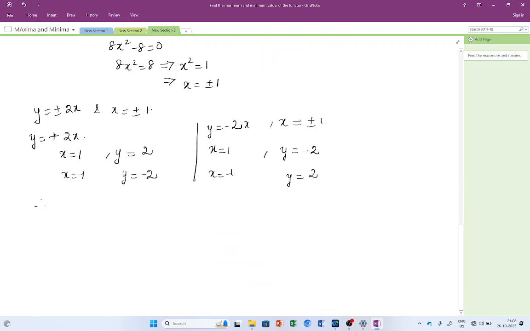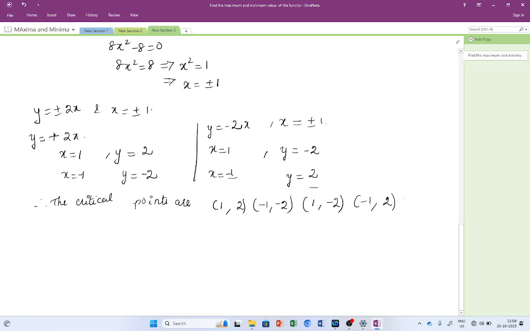Therefore, the critical points are: when x = 1, y takes the value 2. x = −1, y takes the value −2. If x = 1, y takes the value −2. And if x = −1, y takes the value 2. So these are my critical points.